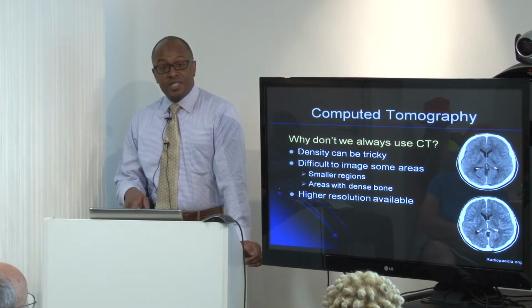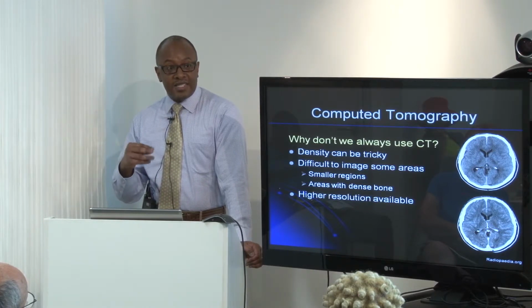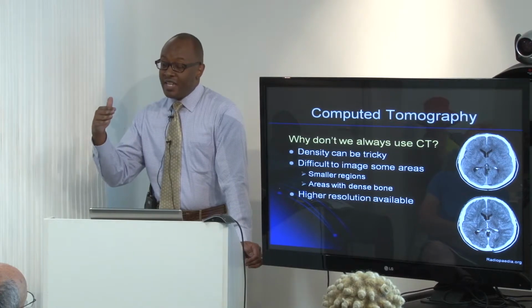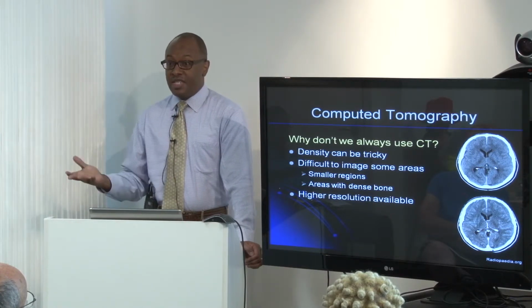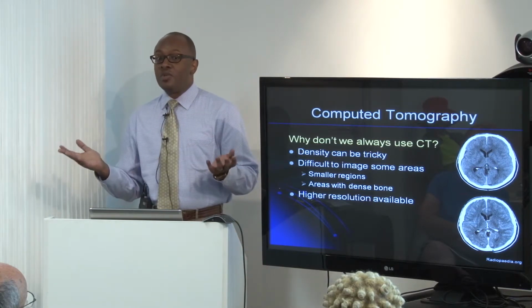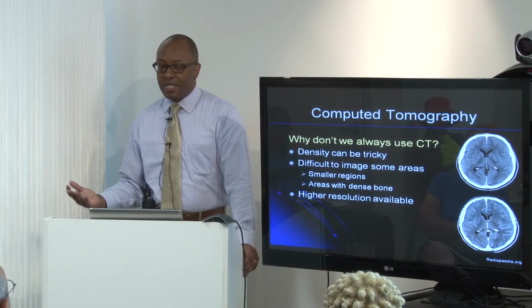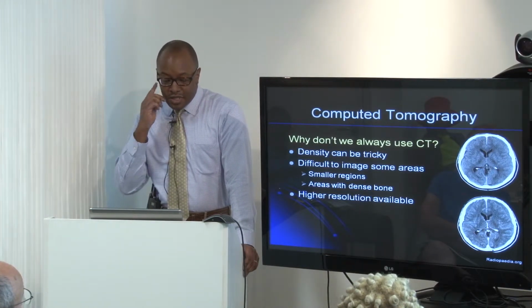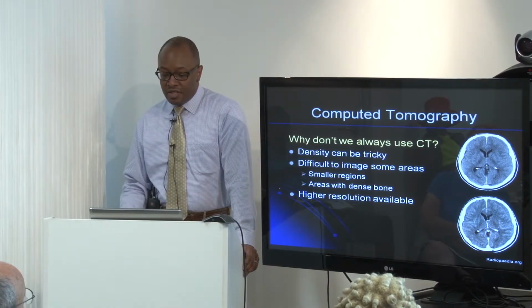And the reason it looks like that is that as blood sits around, it becomes less and less dense, so it becomes less and less bright, and it passes through a phase where it's exactly the density of the brain tissue. And so to a CT scan, because all it knows is how dense something is, blood looks exactly the same as brain because the density is exactly the same. As you can see, in this particular situation, density does not give you the information that you need to have.